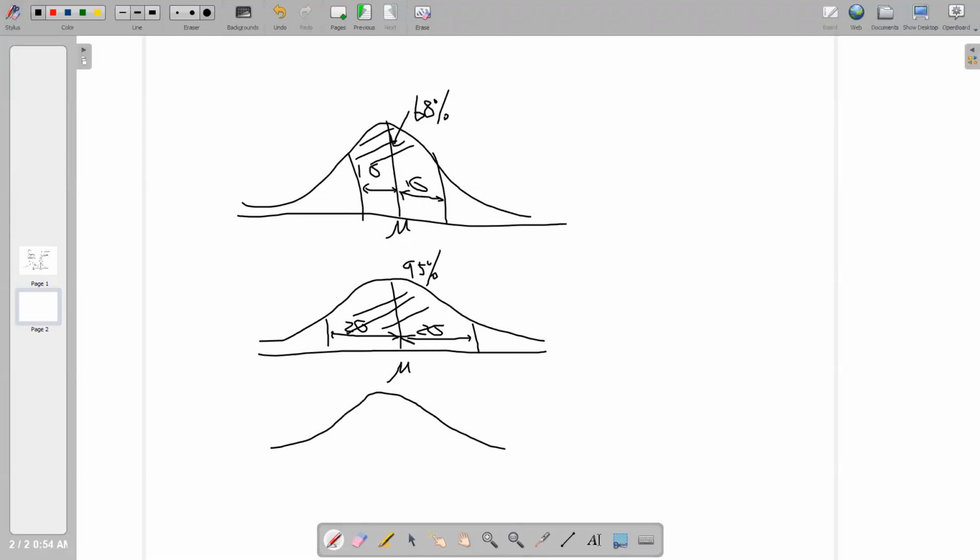And if you go three standard deviations from the center, the middle probability will be 99.7%.